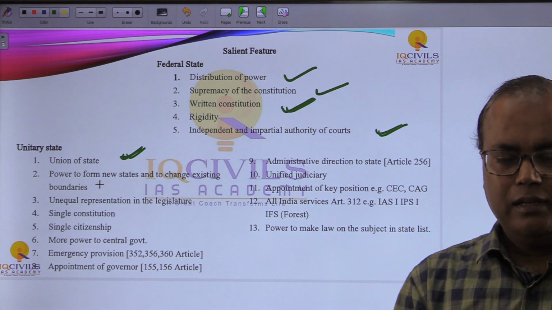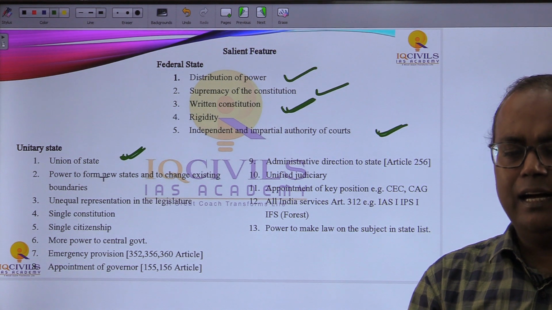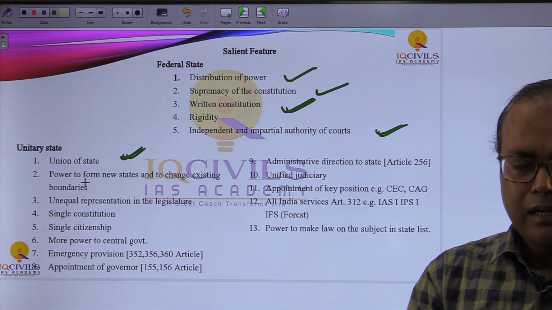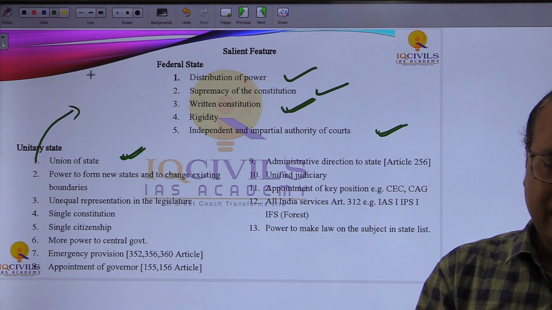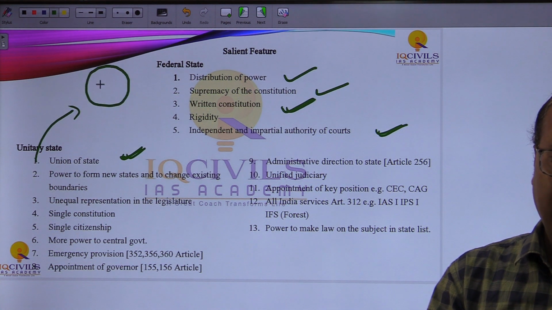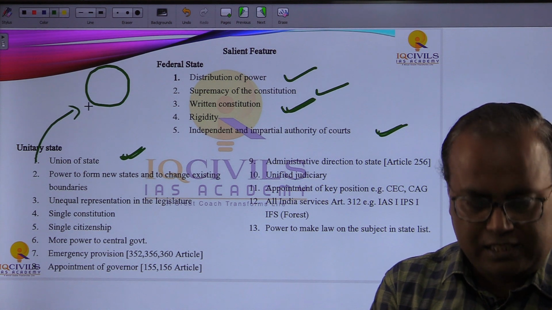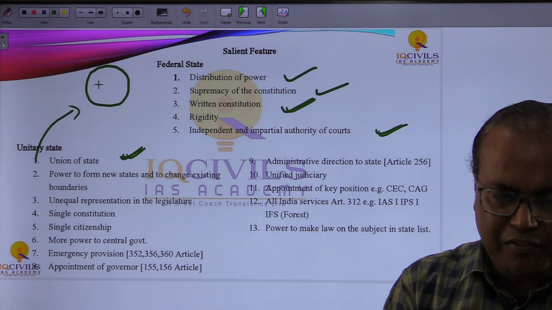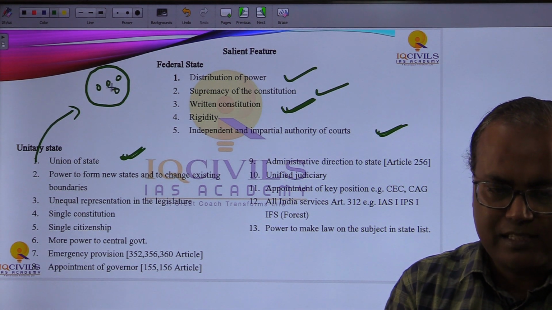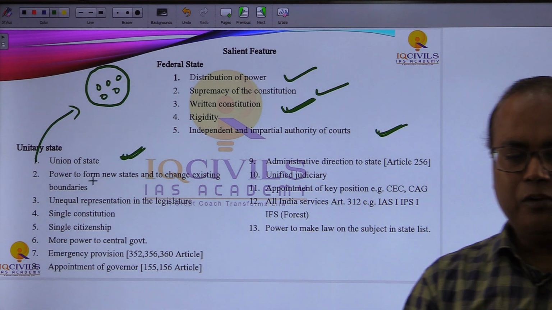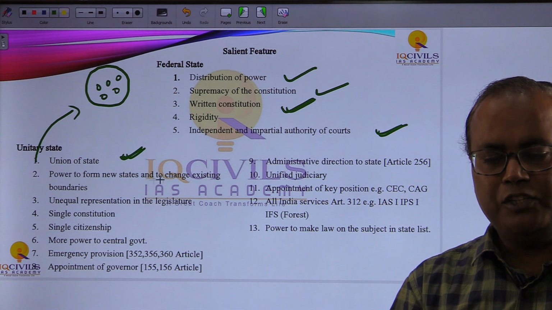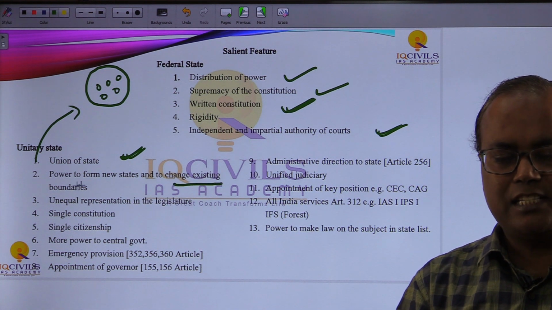So here even in India, this first point, at first India has been established or created, and then we have divided it into different parts for our administrative convenience. So there is the power to form new states and to change the existing boundaries.